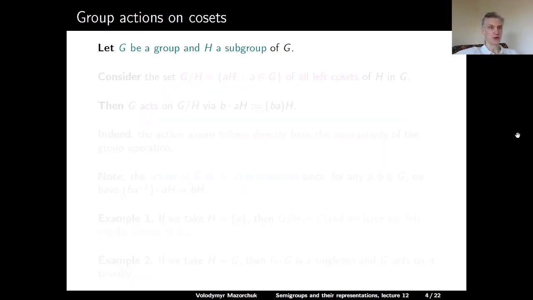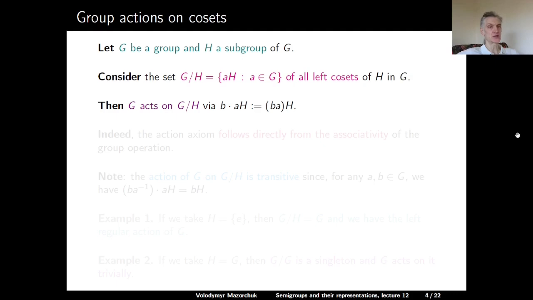Next, let us talk about group actions on cosets. That's an example of transitive acts. So let G be a group and H a subgroup of G. Consider the set G/H, the set of all left cosets of H in G. So the elements of the set are cosets aH, where a is an element in G. Then G acts on this set by left multiplication.